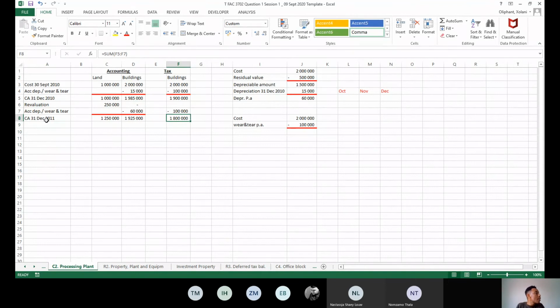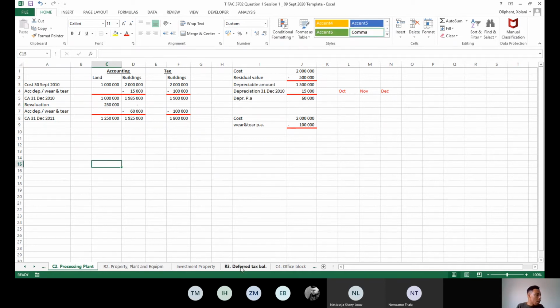So the land at 31st of December 2011 was now sitting at 1.250 million. But we know that that's not true because initially it was 1 million. So between the cost of 1 million and the revalued amount, something happened. That was revaluation, right?